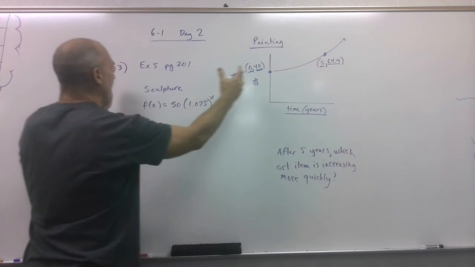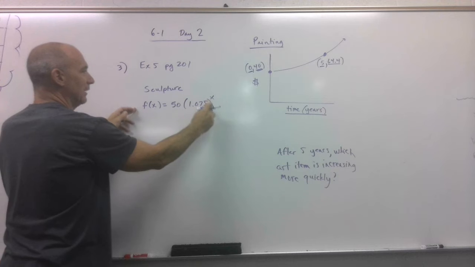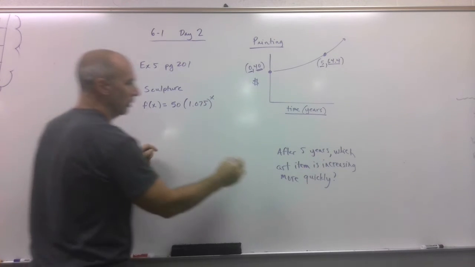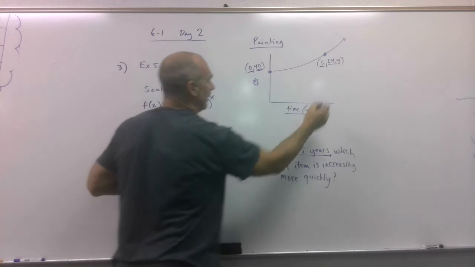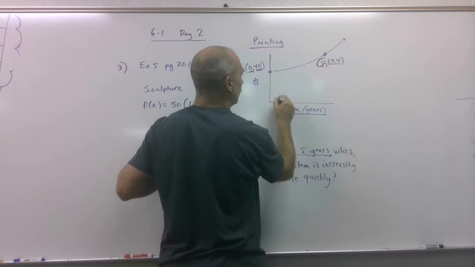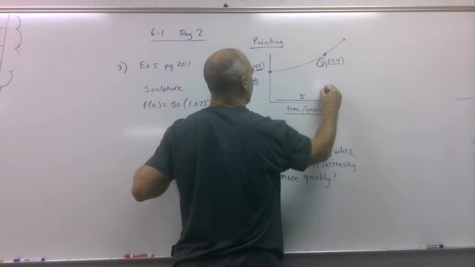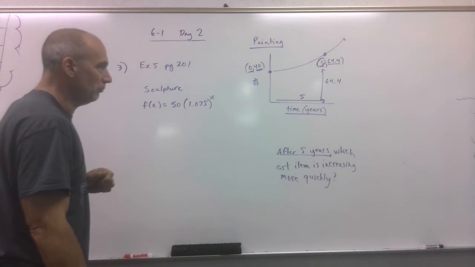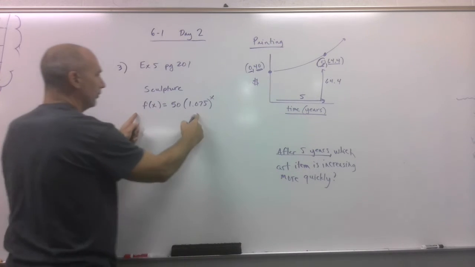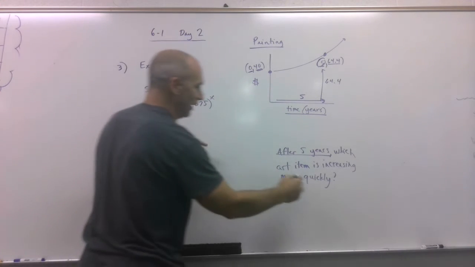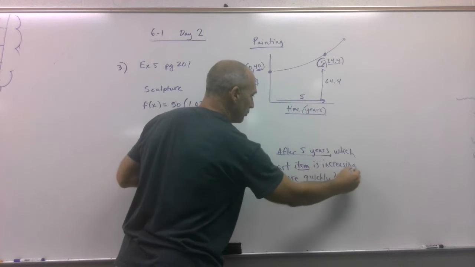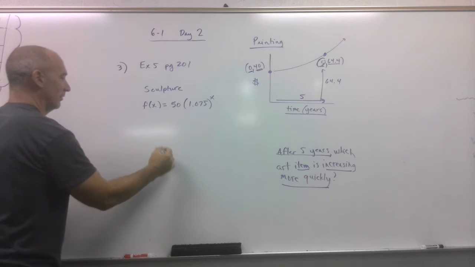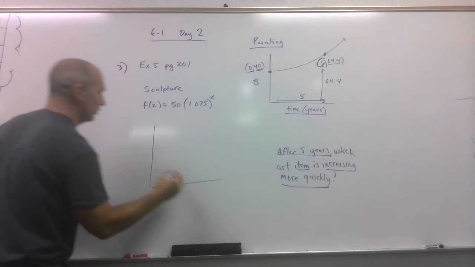And then they give us a sculpture. They don't give us a picture. They give us an equation. So they're asking you, after 5 years, see, they already give you that for the painting, so you go out 5 years, and the value is 64.4. They want you to create that same situation here, because we have to answer this question: which item is increasing more quickly? Well, we take this and just do what we do.